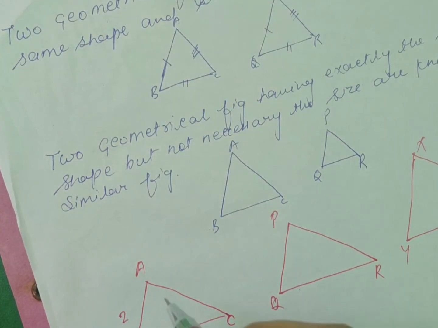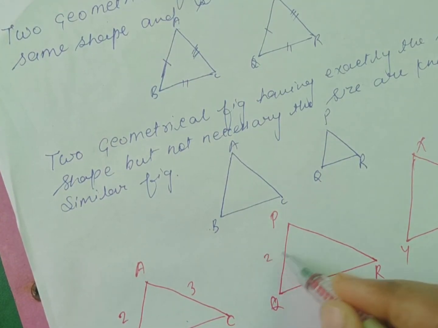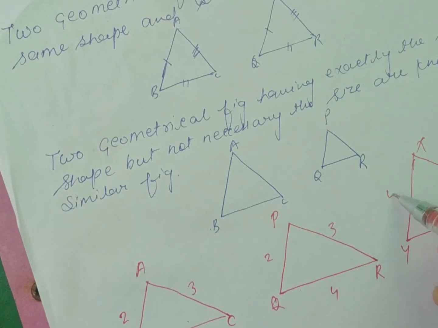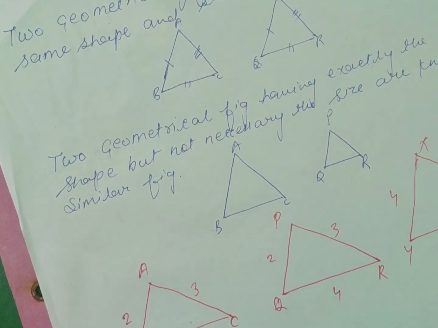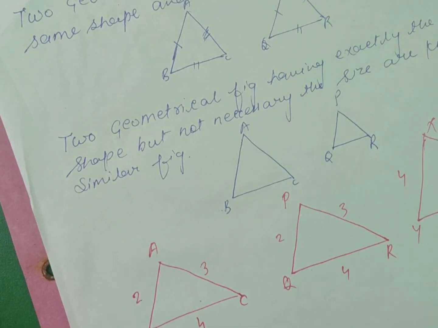Measurements 2 centimeter, 3 centimeter, 4, 2, 3, 4, and 4, 6, 8. Okay. So in this, can you tell me which two triangles are congruent and which two are similar?